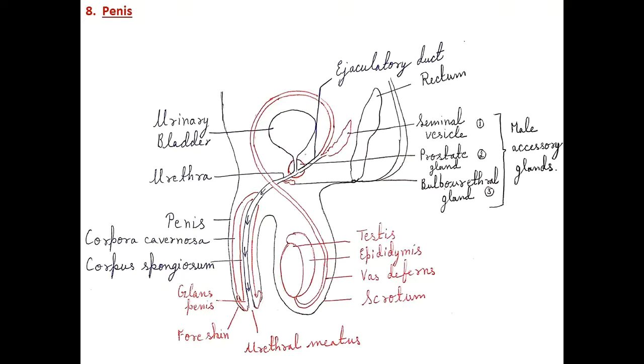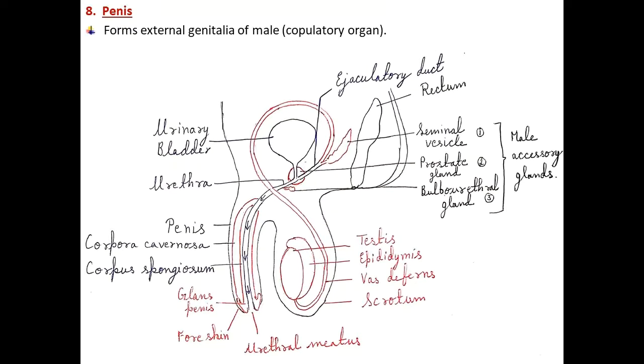Now we are left with two terms here. Over the urethra there is a special tissue. This is the fourth component we discuss in the reproductive system, that is the external genitalia or the penis. The penis is also called the external male genitalia.